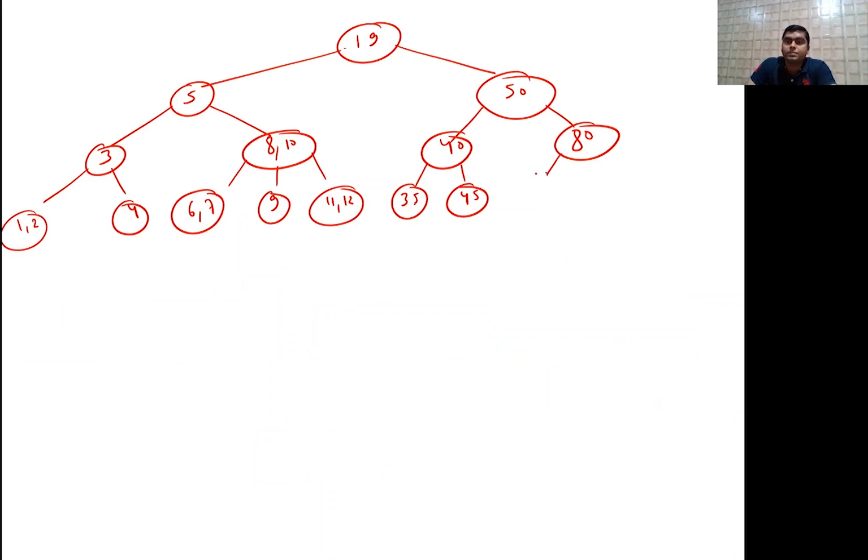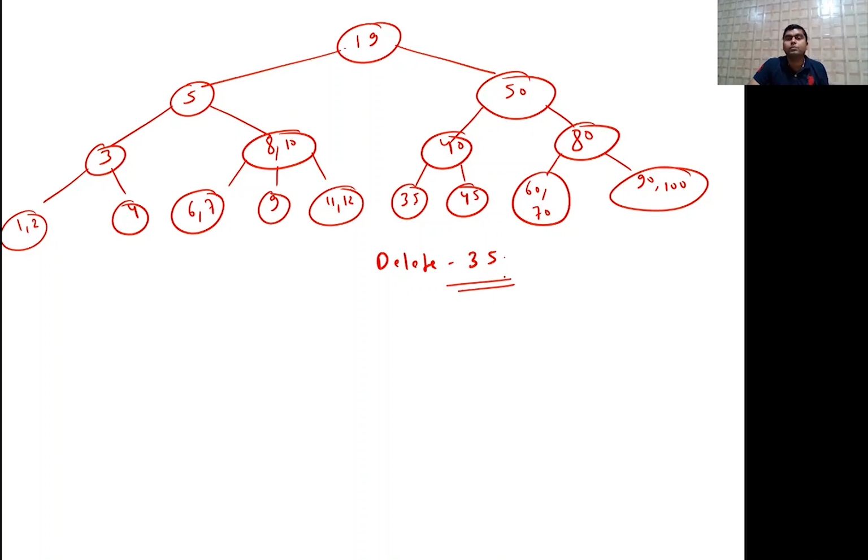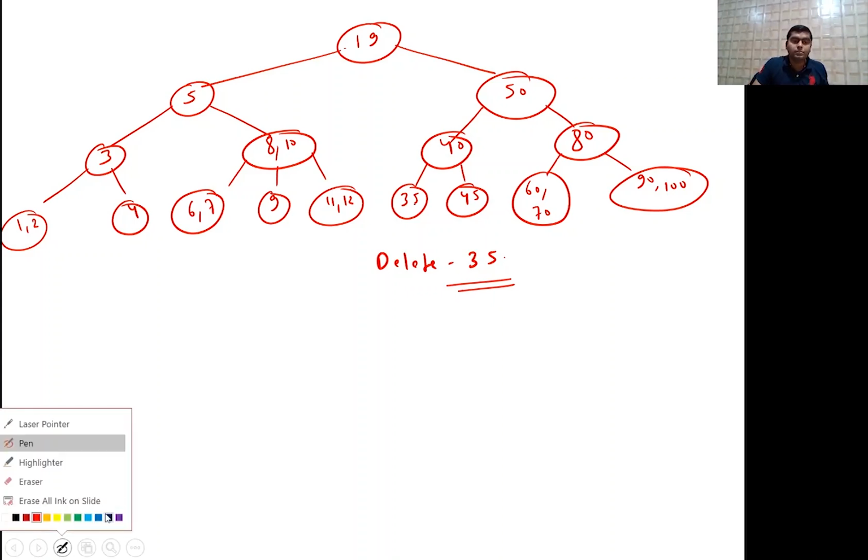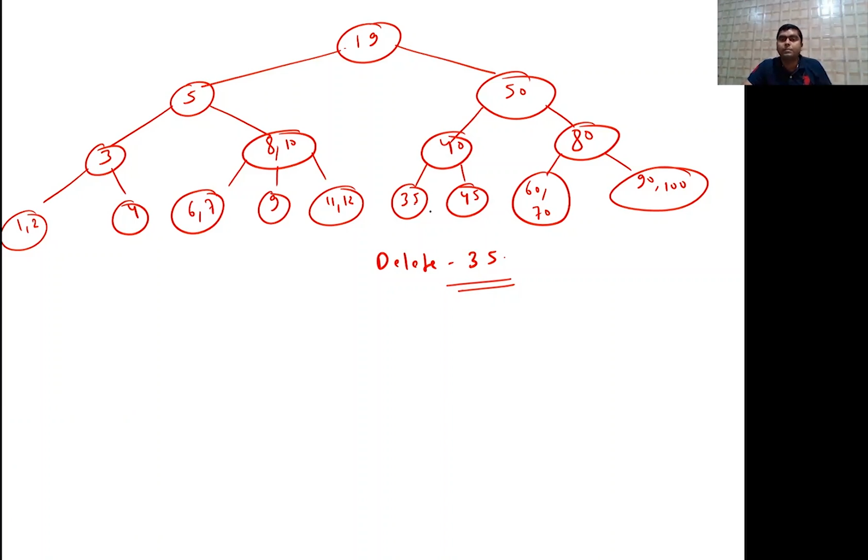So it is 60, 70 and 90 and 100. So this is the given tree. Okay, so delete what, 35. So here we want to delete 35. Okay, so what will happen if you delete 35? Observe very carefully. As soon as you delete 35, 35 is this one. So this node is in underflow.